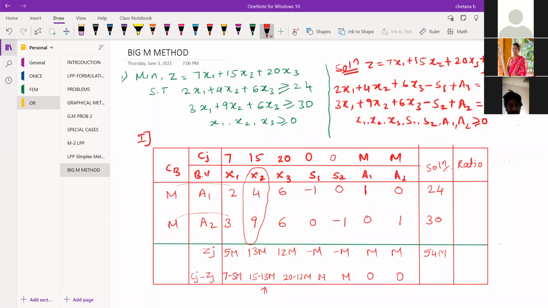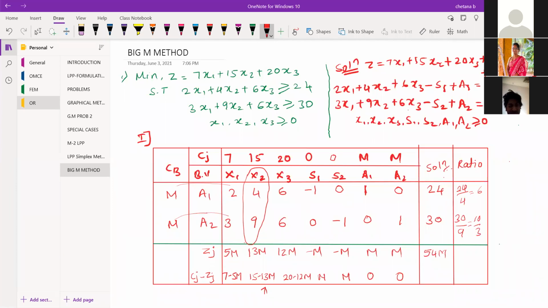Once you get the key column, then you need to fill the ratio. So how to write the ratio column? Solution divided by key column value for that corresponding row. So 4, 6, solution divided by that key column value for that particular row, that is 30 by 9, which is 10 by 3.